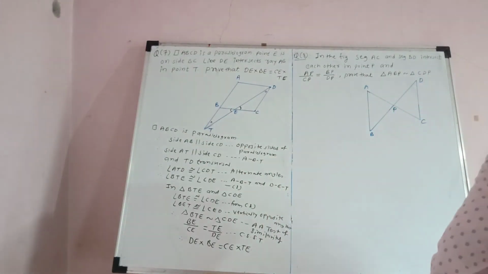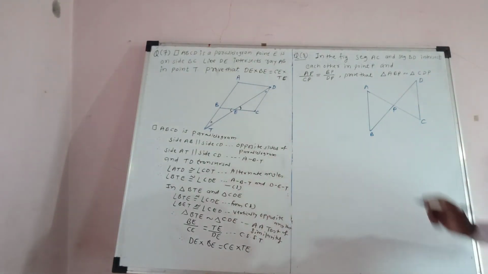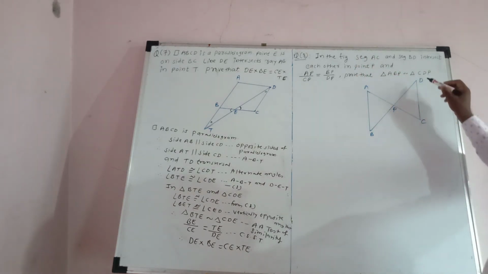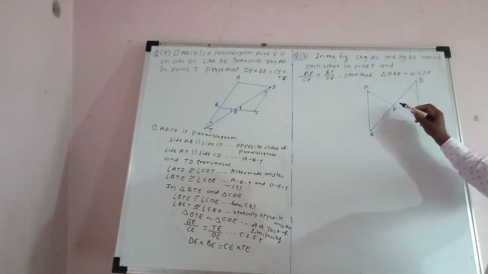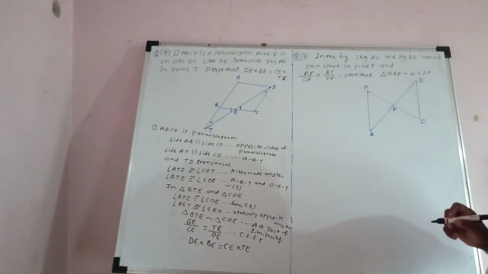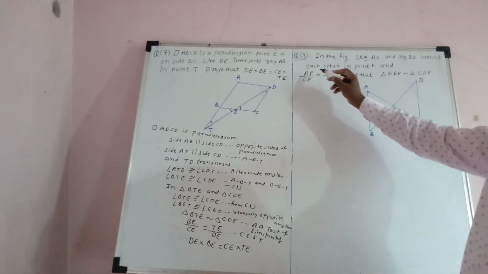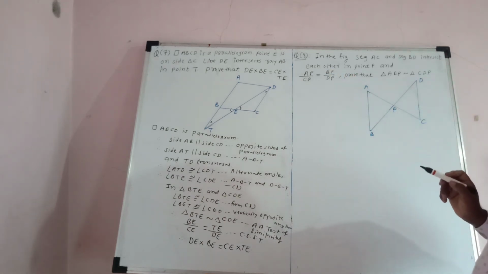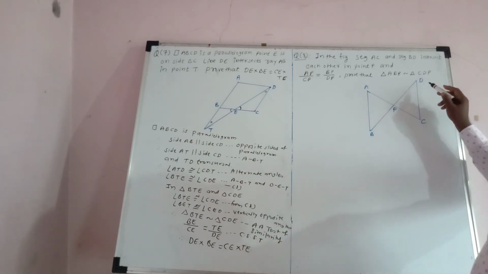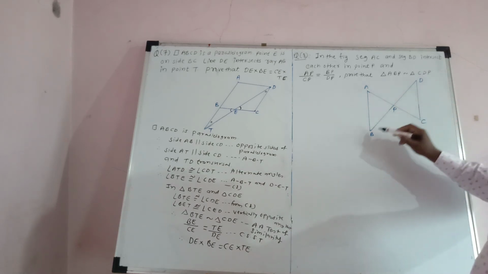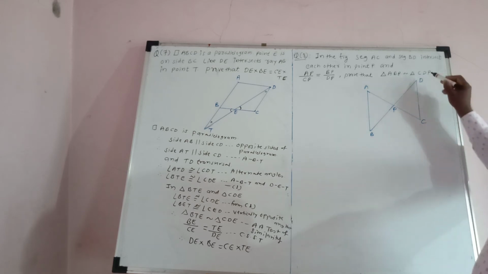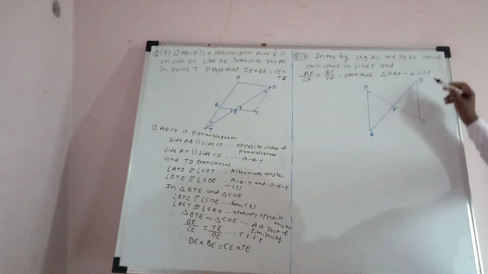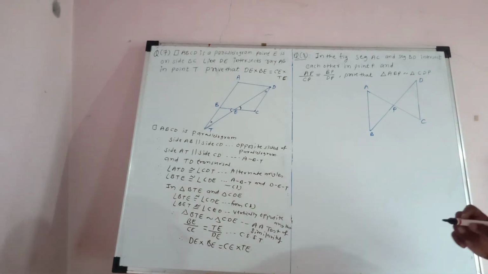Now example number 8. In the figure, segment AC and segment BD intersect each other at point P, and AP upon CP is equal to BP upon DP. Prove that triangle ABP is similar to triangle CDP.